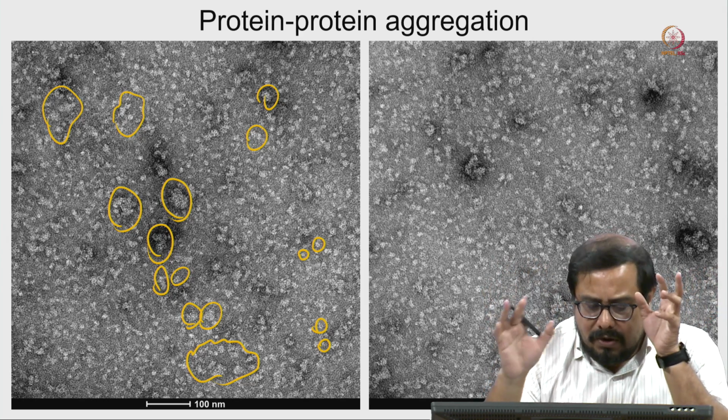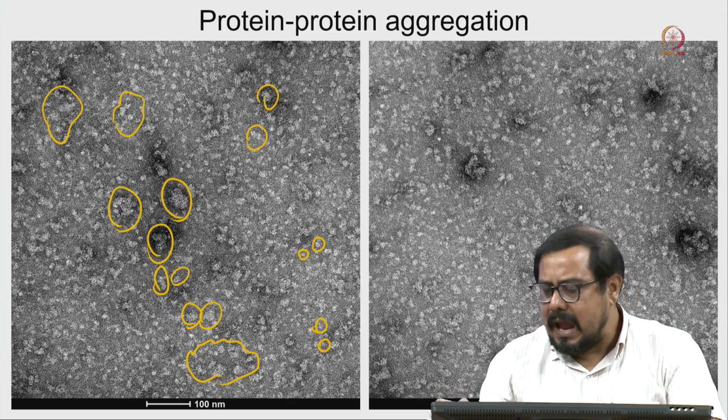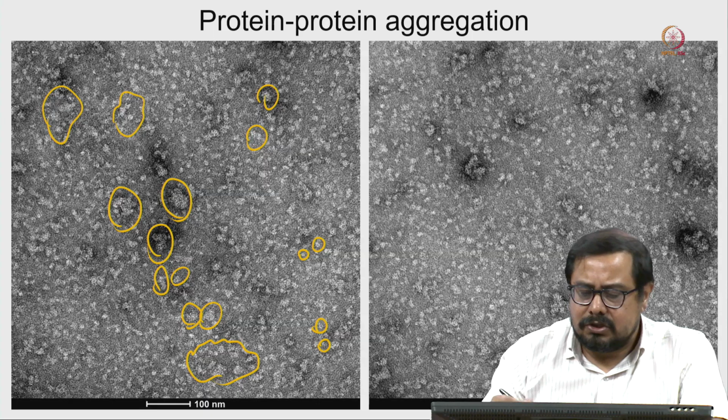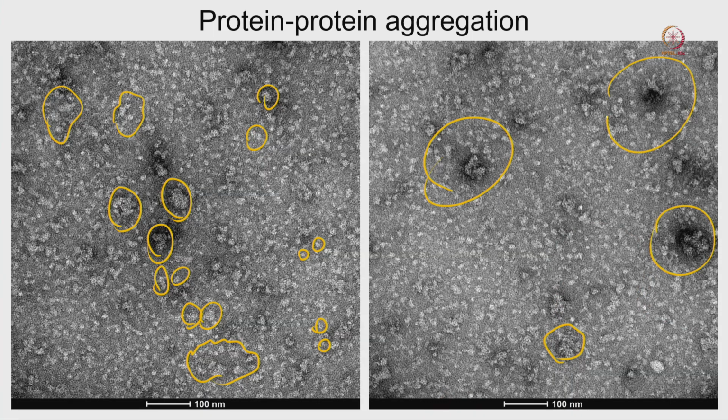Then the protein will try to come and form some kind of cluster and then they will aggregate. So here those are the protein aggregation, you can see it here.